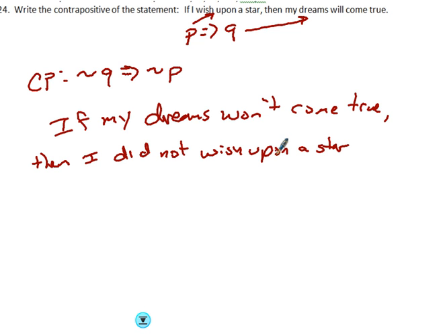So that's what we have by the contrapositive, and we know it's actually logically equivalent to that conditional. So that's 24 for you.